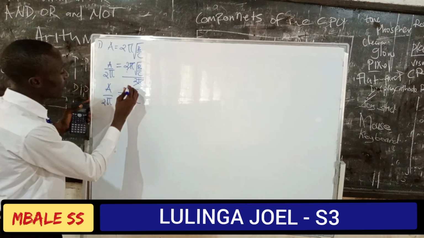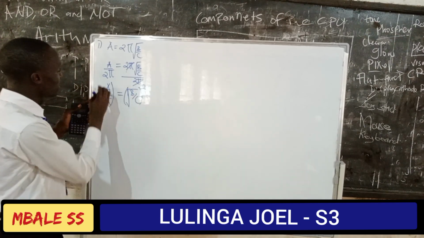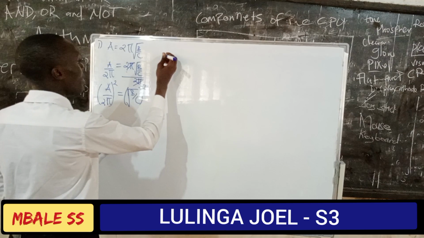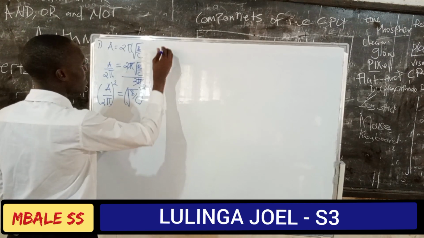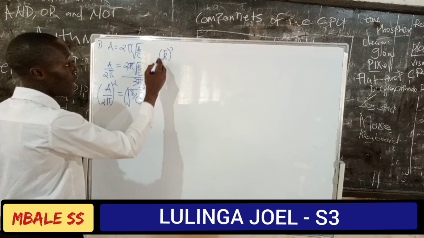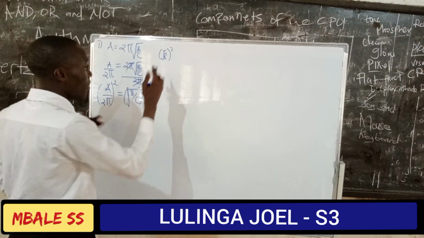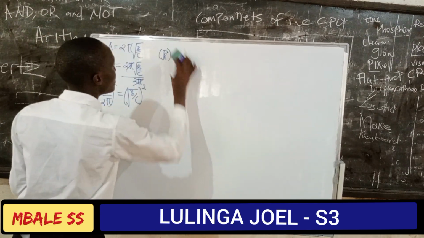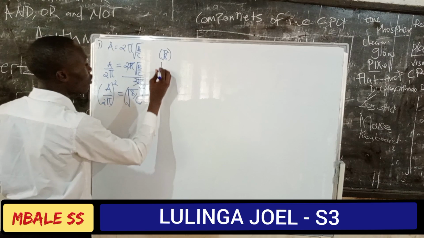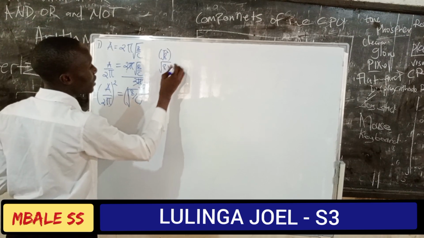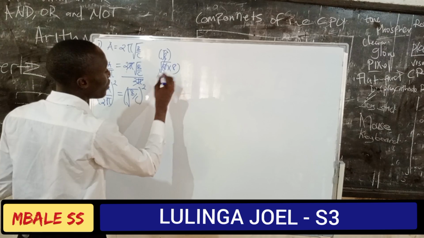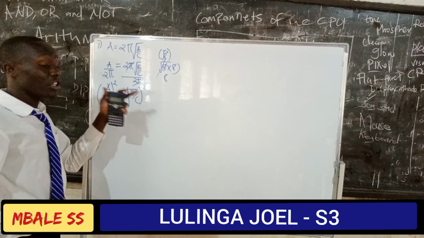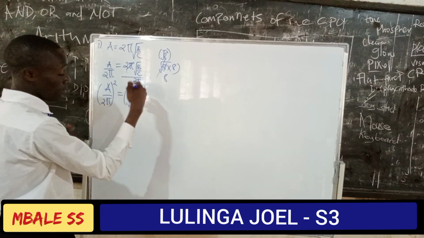Now when you square, for example, if you had the root of 8 squared, it will be 8 times 8, and this one will cancel out and the root will remain with 8. Therefore, in simple terms, squaring is going to affect the root sign and just cancel out with the square sign.